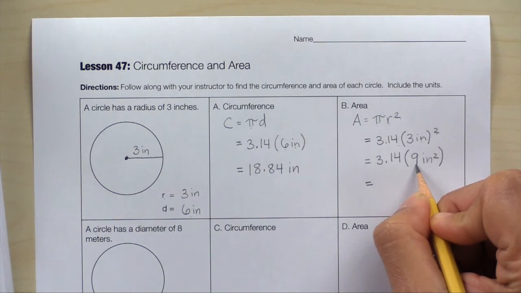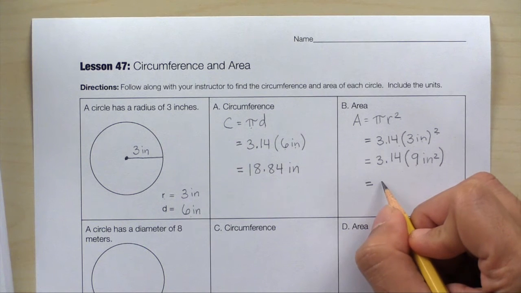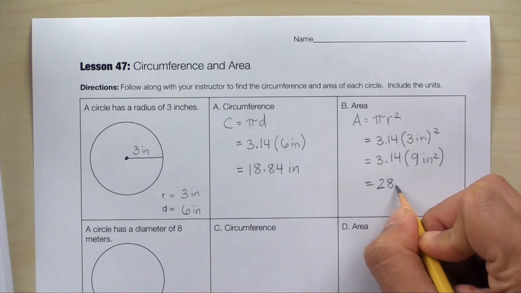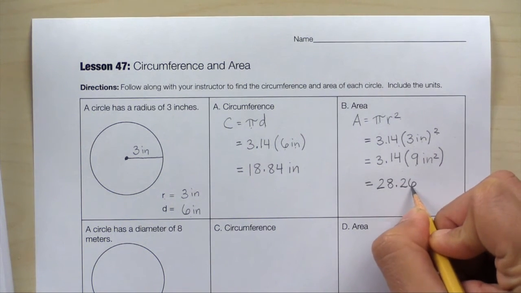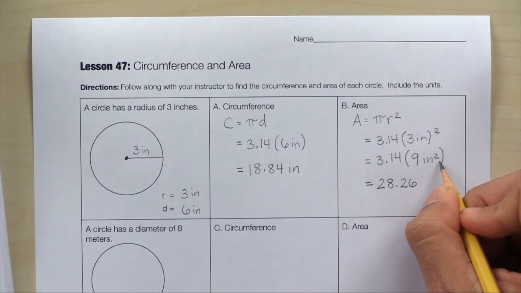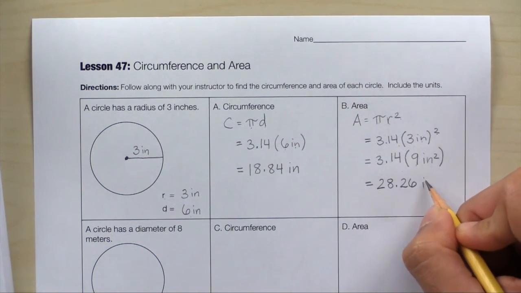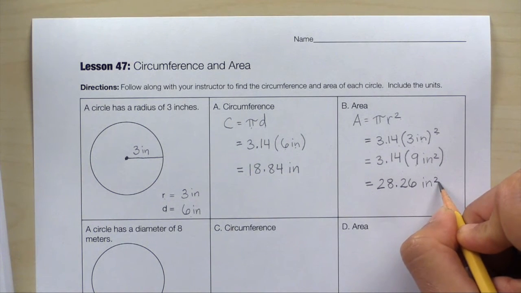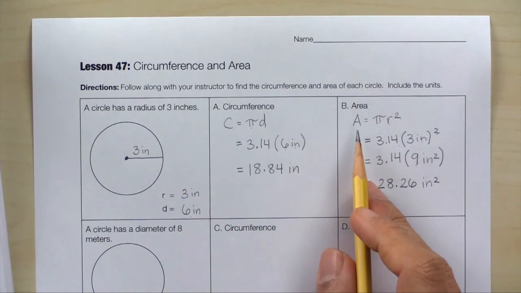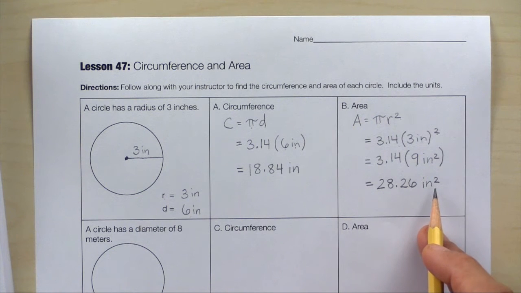Do the calculations on the side, and you'll end up with 28.26. And our units are inches squared. So our final answer is an area of 28.26 inches squared, or 28.26 square inches.